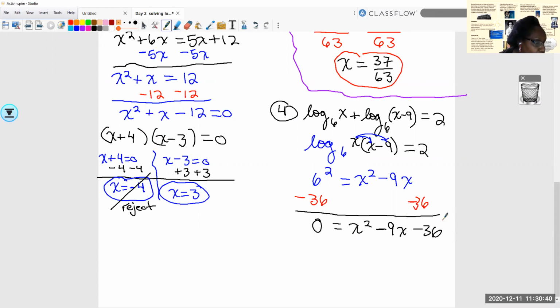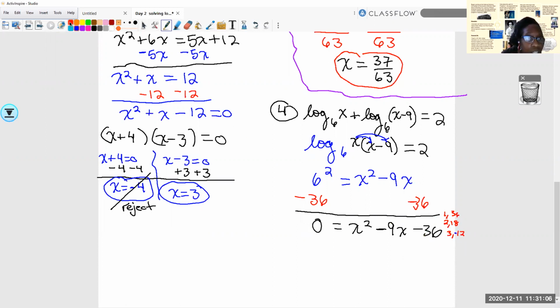So we go through them all. 1 and 36. Nah, it's not going to be 9 in any way, shape, or fashion. 2 and 18. Nope. Dig deeper. Then it's 3 and 12. Yep. Because 12 is larger, it's going to have the sign of the middle term, so it's going to be -12.